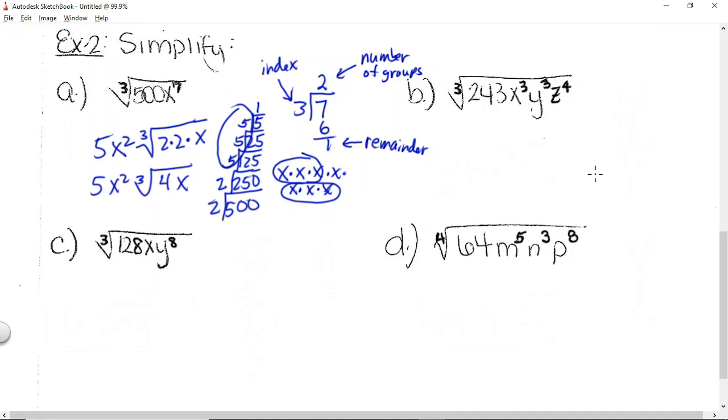So we have to do the cake on this 243. Okay, so 243 divided by, we'll use 3 for the prime. And that gives us 81. Oh, we can use 3 again.